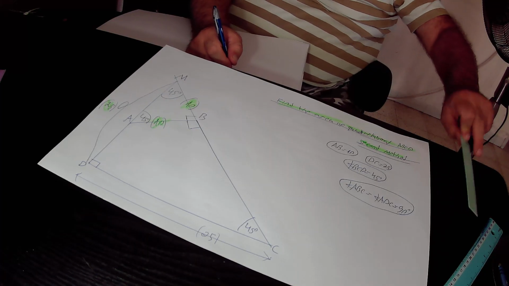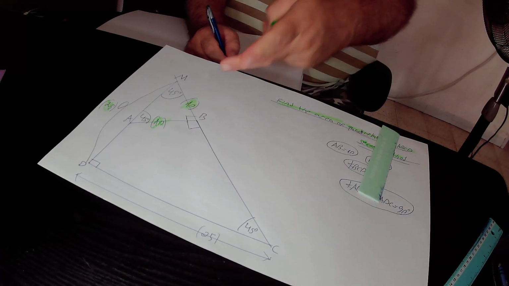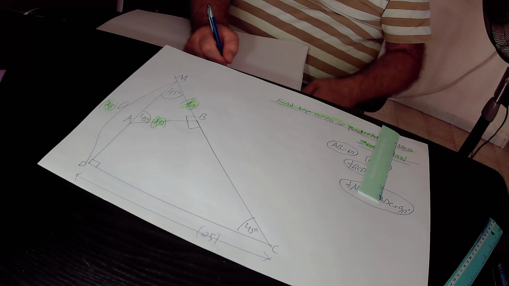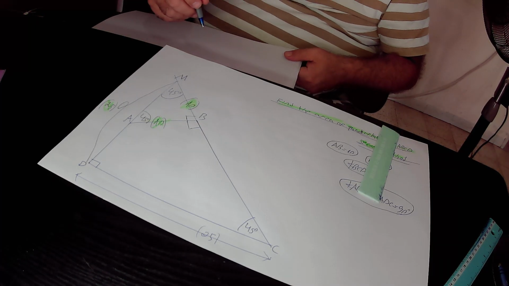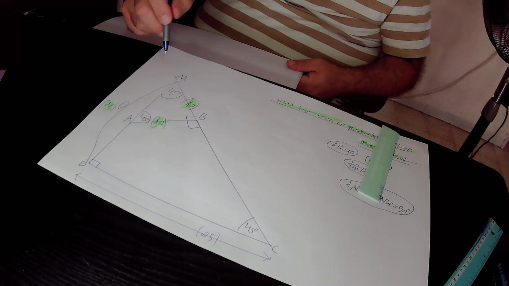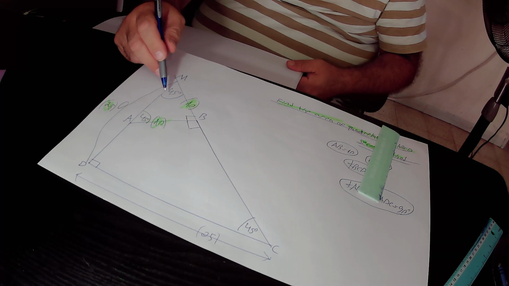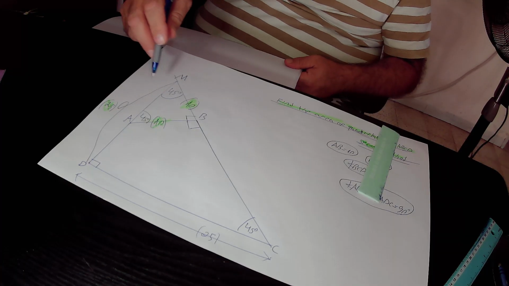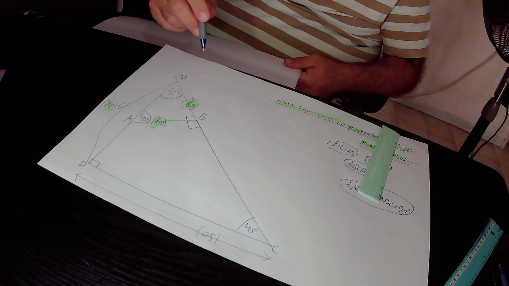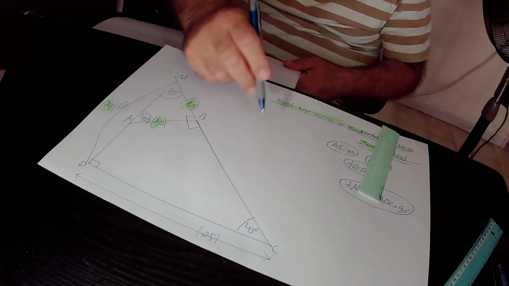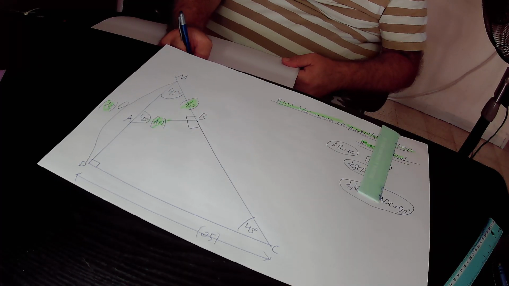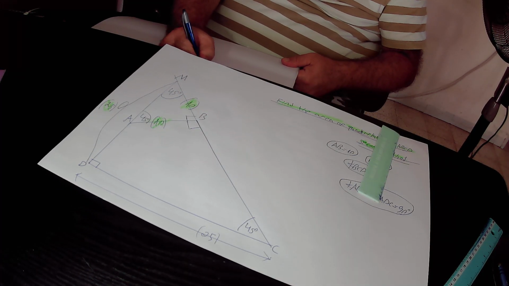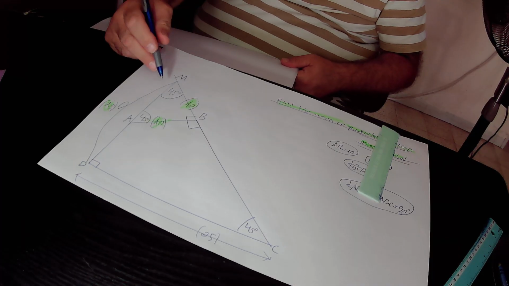From the drawing, it is very easy to see that the area of quadrilateral ABCD must be equal to the area of the big right triangle MDC minus the area of this small right triangle MBA. So write it down: the area of quadrilateral ABCD is equal to the area of the big right triangle MDC minus the area of this small right triangle MBA.